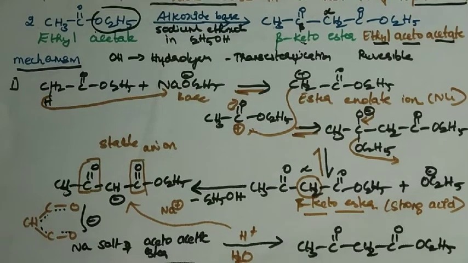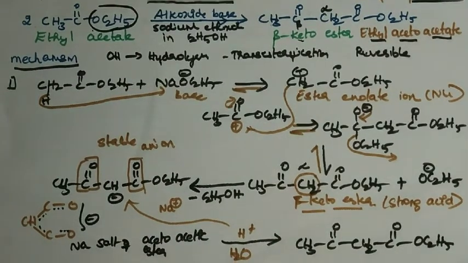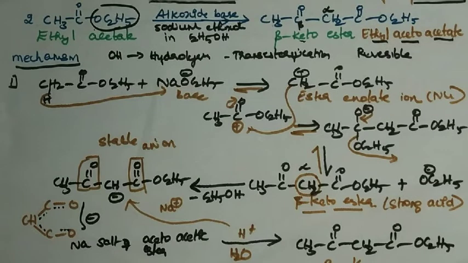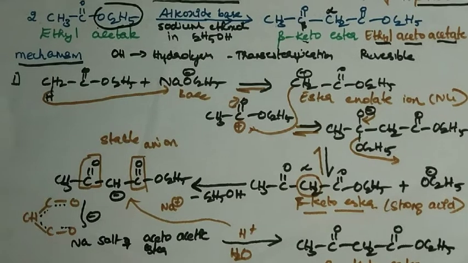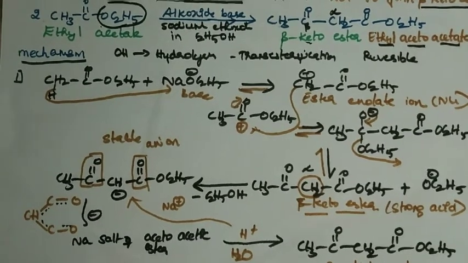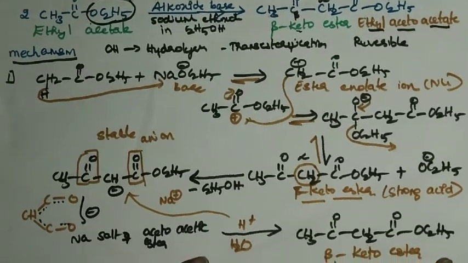See, this is the final product obtained from the Claisen condensation, that is beta keto ester or ethyl acetoacetate. So this is the mechanism involved in the Claisen condensation.